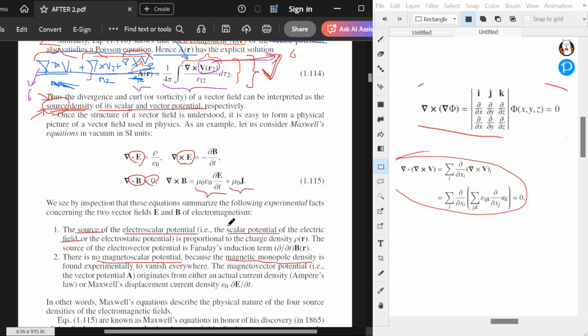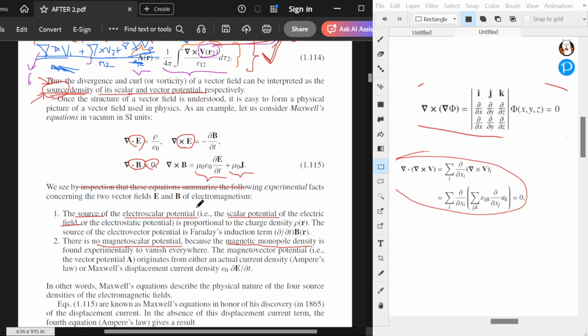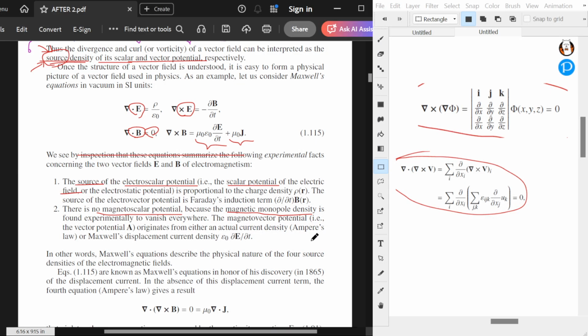Okay, in other words, Maxwell's equations describe the physical nature of the four source densities of the electromagnetic field.